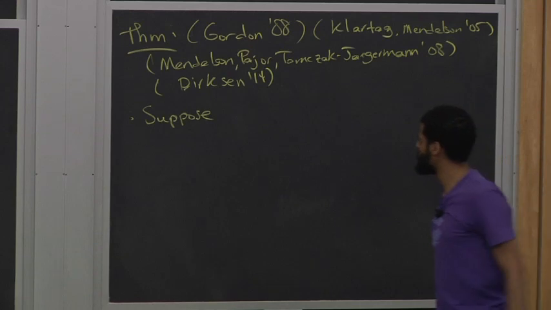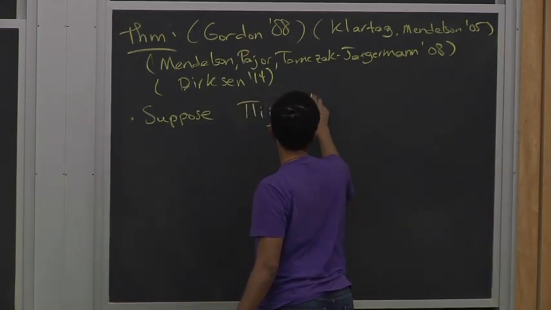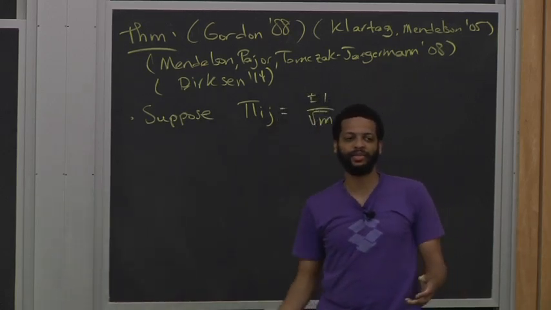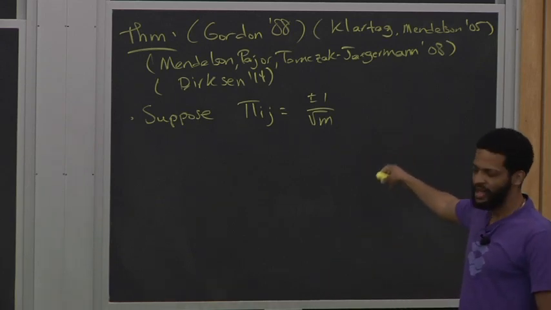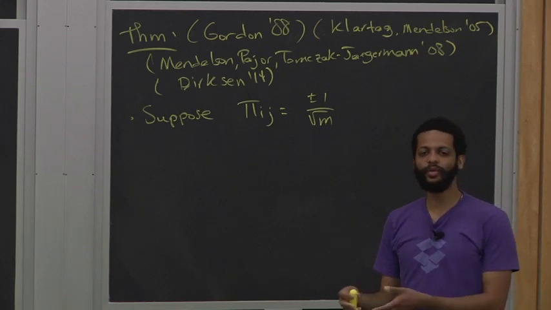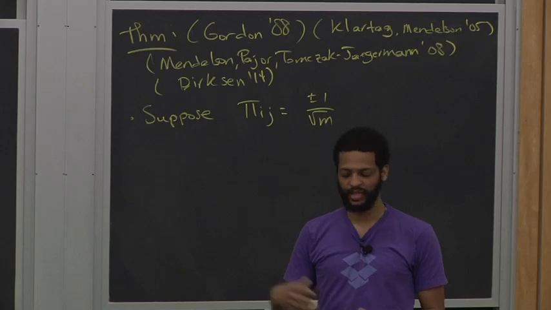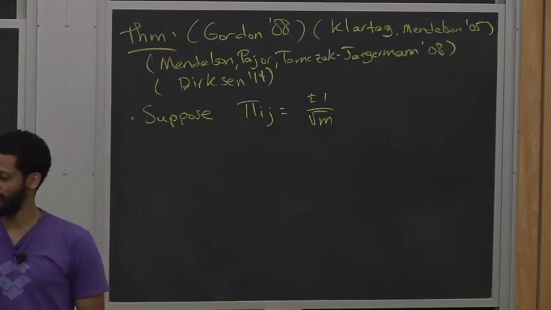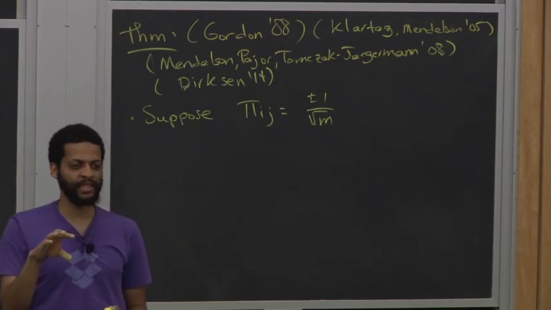It says, suppose pi ij is plus or minus 1 over root m. So like the same kinds of JL matrices we were looking at before. In fact, even for JL, as we described before, we used the Hanson-Wright inequality, which I proved for signs, but it turns out there are references. If you look in the lecture notes, there's a reference to a paper by Rudelson and Vershynin, but there are other analyses as well that say you don't even need signs.